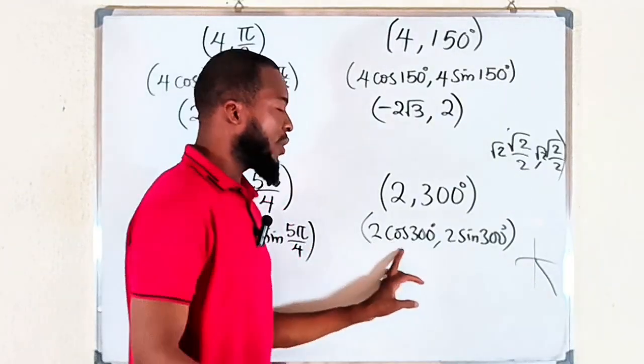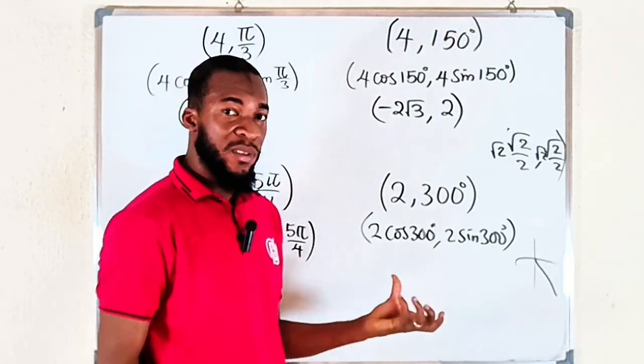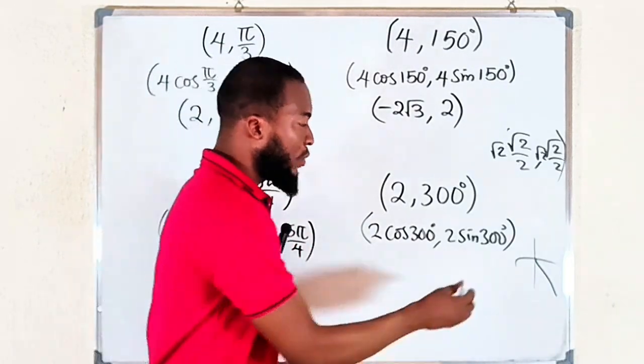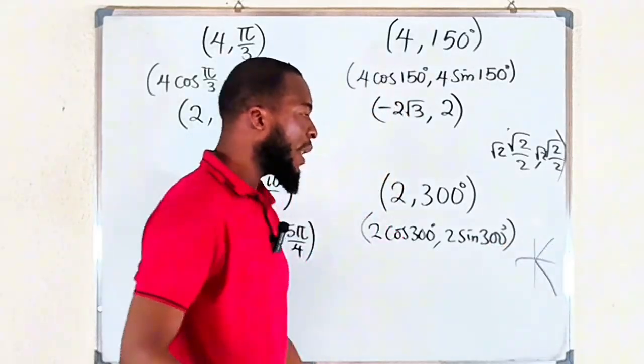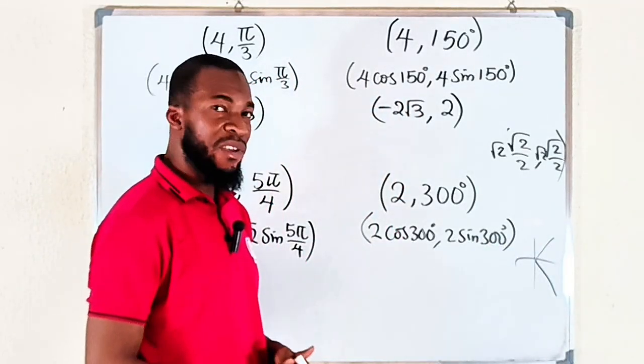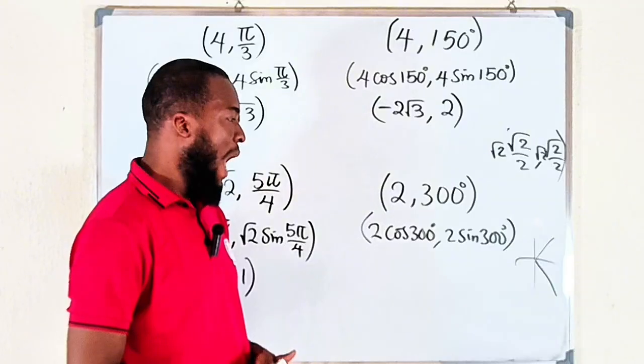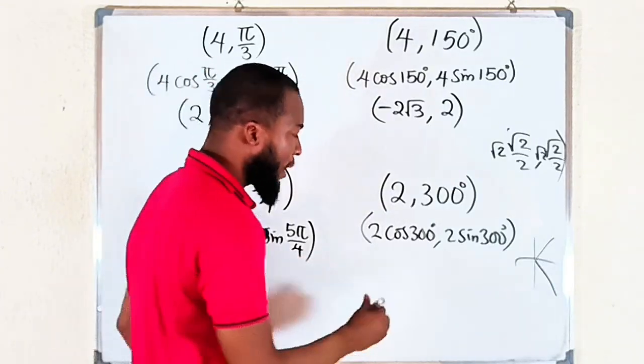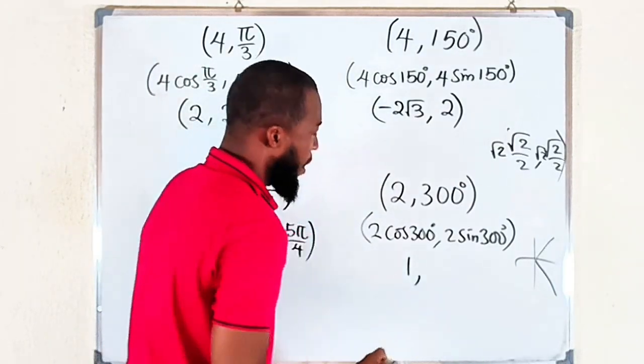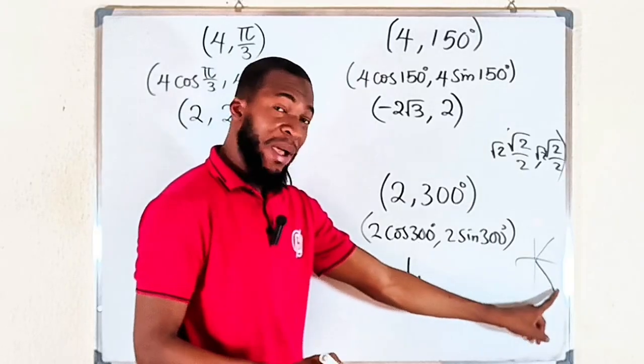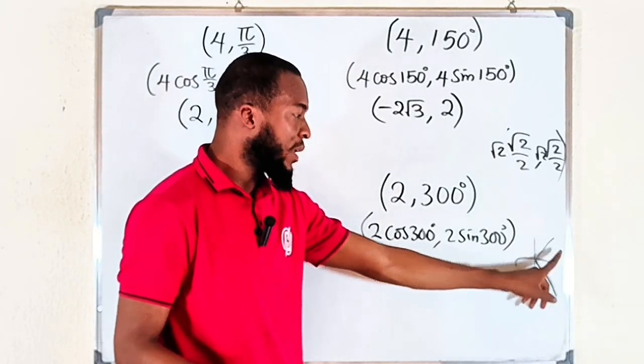So if you start with cosine of 300 degrees, you can use 60 degrees as reference, which is supposed to be here. And we know that cosine of 60 degrees is 1 over 2. And 1 over 2 times 2 is 1. Remember, it is still positive in the fourth quadrant.